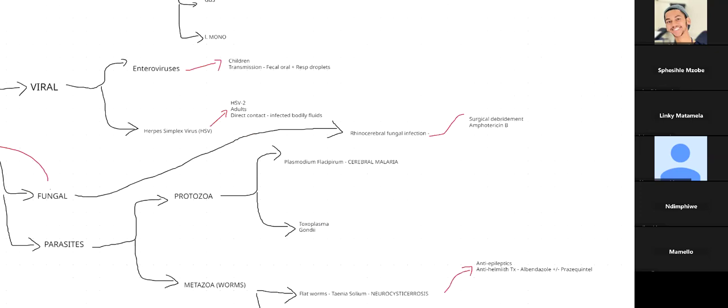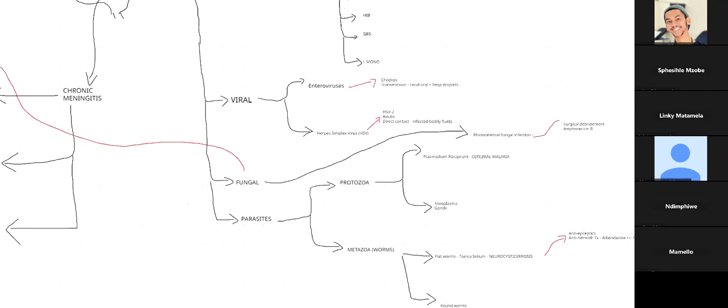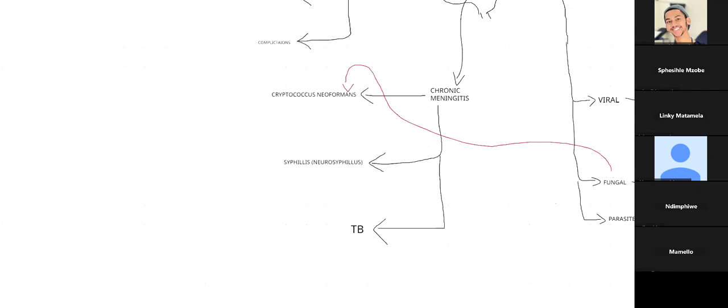Now we're going to move on to chronic meningitis. The first type of chronic meningitis I would like to speak about is Cryptococcal meningitis.